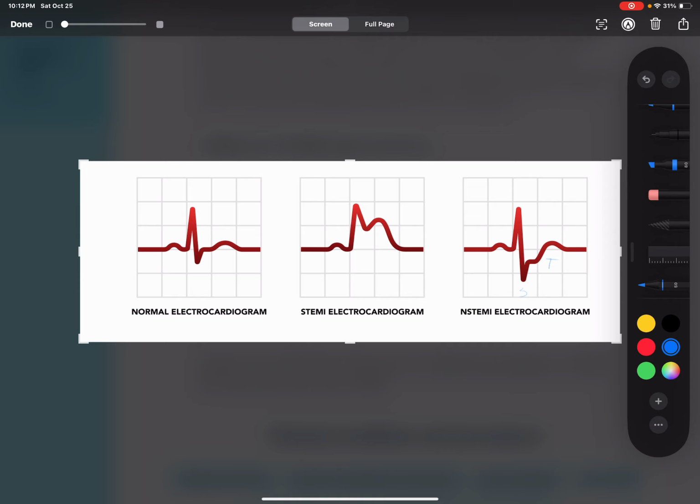Both of these are caused by hypoxia. The non-STEMI is not as severe as the STEMI. STEMI is the entire thickness of the ventricular wall is just shot.